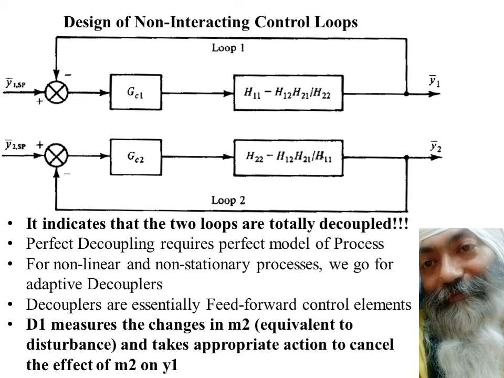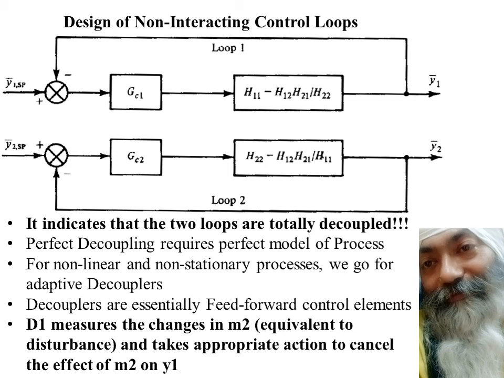Just as in the case of feed forward controllers, we have issues with them: we have to have adaptive kind of feed forward controllers, and feed forward controllers which are physically reliable. So here we will discuss the physical reliability of decouplers, and the same physical reliability which we discuss in this session will be applicable to the issue of feed forward controllers discussed earlier.